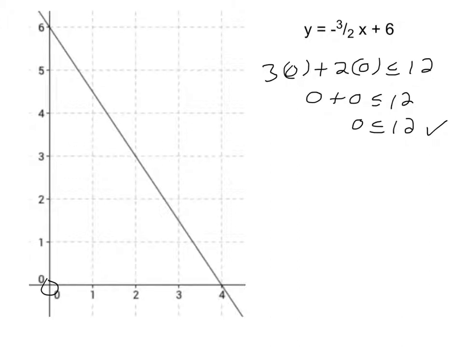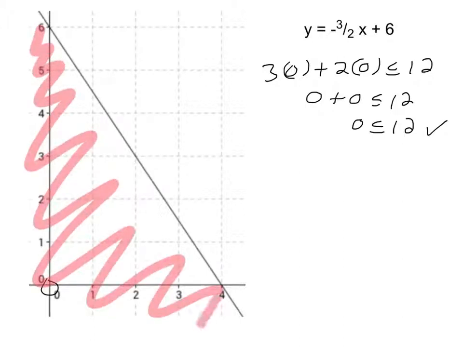But realistically, when I do that, I go like this here. I can kind of shade it, kind of lazy that way. I really have to think about the fact that I'm talking about songs and apps. I can't order anything that's negative there. And so I also can't order anything that's a fraction. So even though I've shaded everything, I actually only have a limited number of real options.